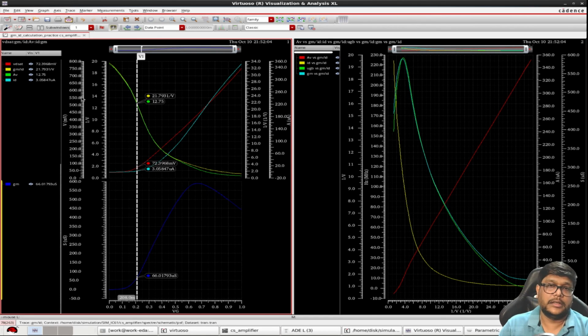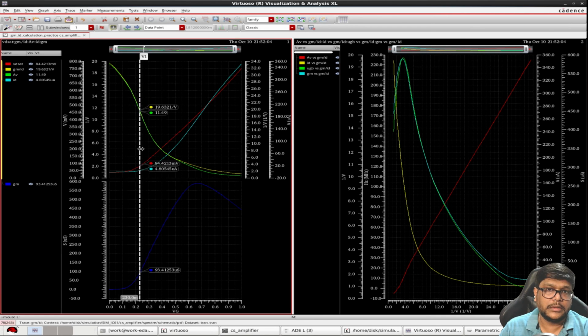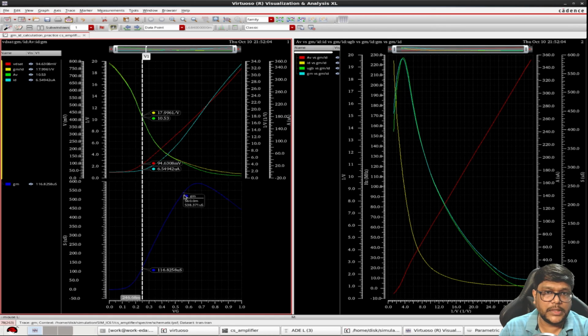So here GM by ID is actually becoming higher. So we cannot take GM by ID that much. So what will change? We'll change the VG so that our GM by ID will be reasonable, below 10, because that will be a weak inversion.